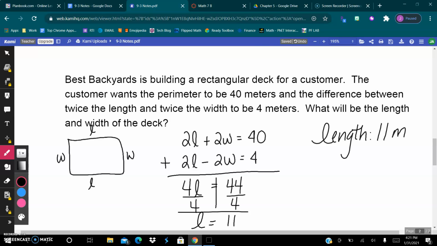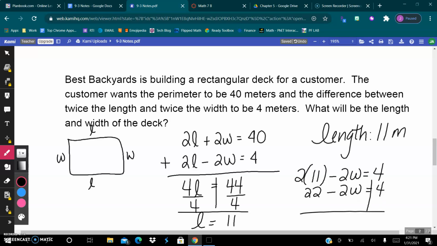And then I'm going to plug that back into one of the originals. So I'm going to use the bottom one. So I'm going to have 2 times 11, oops, not plus, minus 2W equals 4. So that's 22 minus 2W equals 4. So I'm going to subtract 22 from both sides.